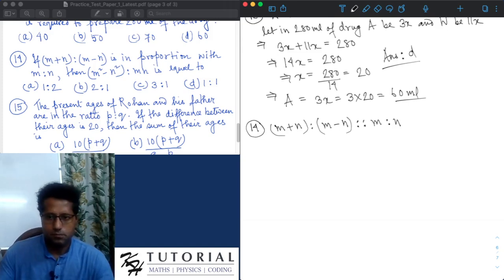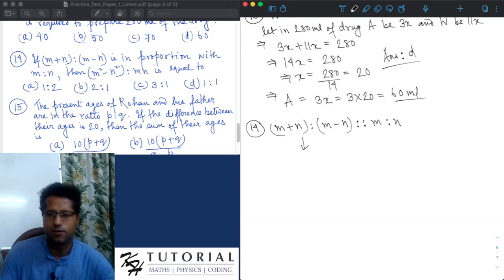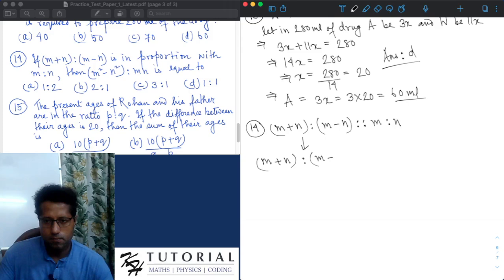So from this we know that using the definition of a proportion, this means m plus n is to m minus n equals m is to n.